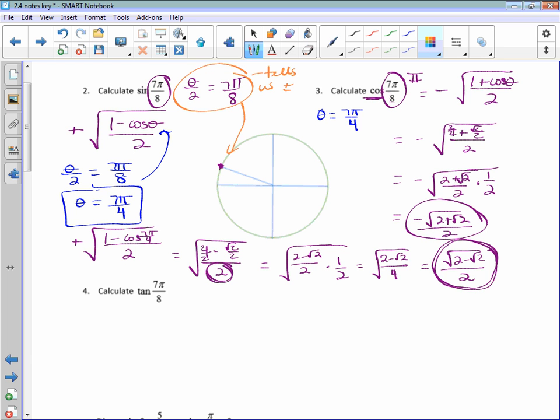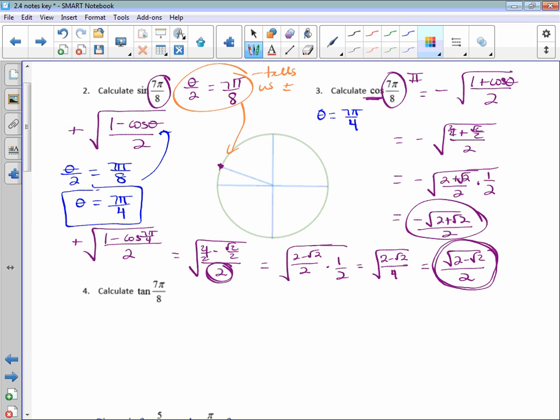Cosine is positive. Yeah, because the theta over 2, the 7 pi over 8 being 2nd quadrant, that determines the sign out in front. But theta itself is actually 7 pi over 4. Theta is what we use for. Okay. All right. Questions on that one?